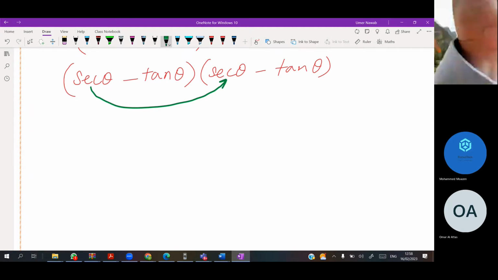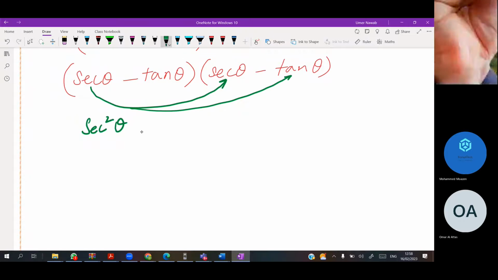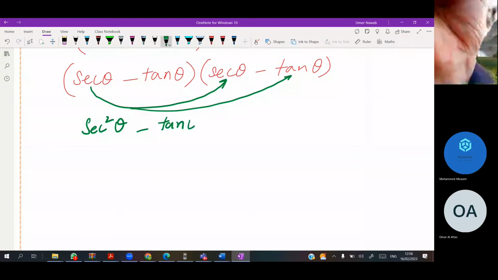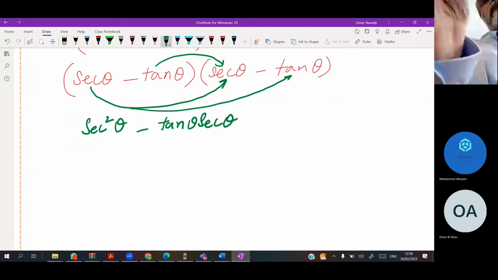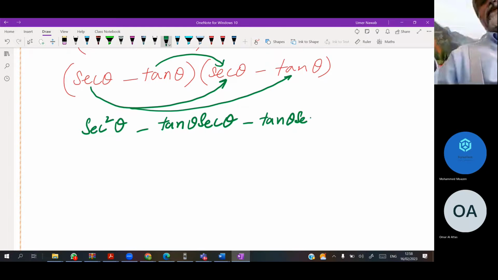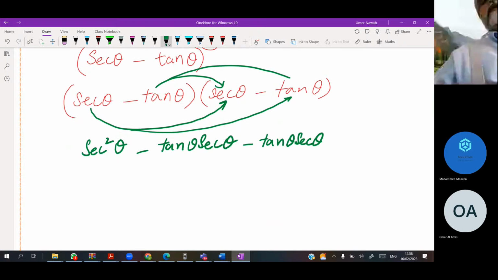Secant theta times secant theta will be secant square theta. Secant theta multiplied with this one is minus tan theta secant theta. Then tan theta multiplied with this one is minus tan theta secant theta. Then minus tan and minus tan, minus times minus is plus tan squared theta.